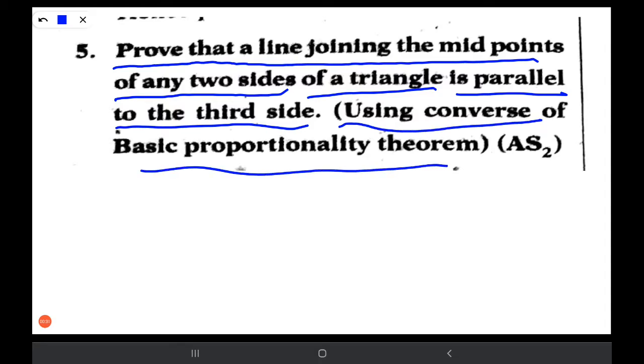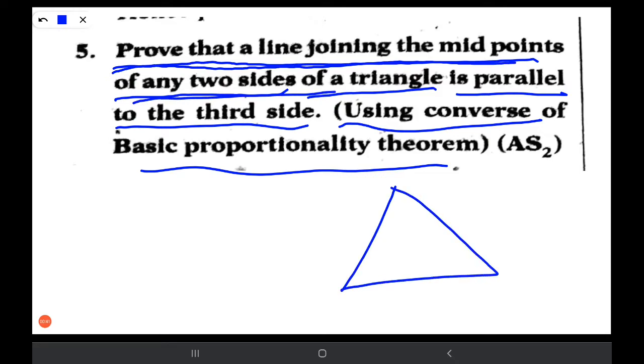Once again I will read the question. Prove that a line joining the midpoints of any two sides of a triangle. Suppose you take a triangle, here are the midpoints. If you join these two midpoints, this line is parallel to this side. We have to prove that.